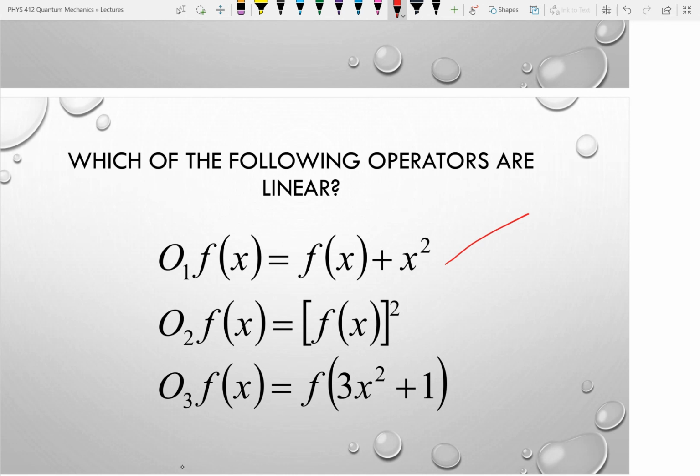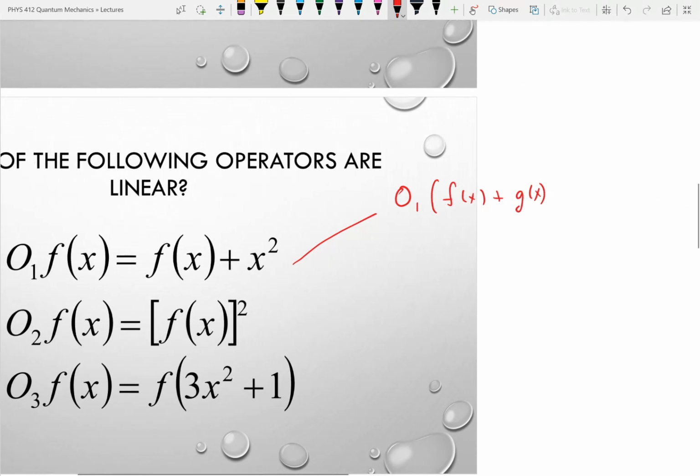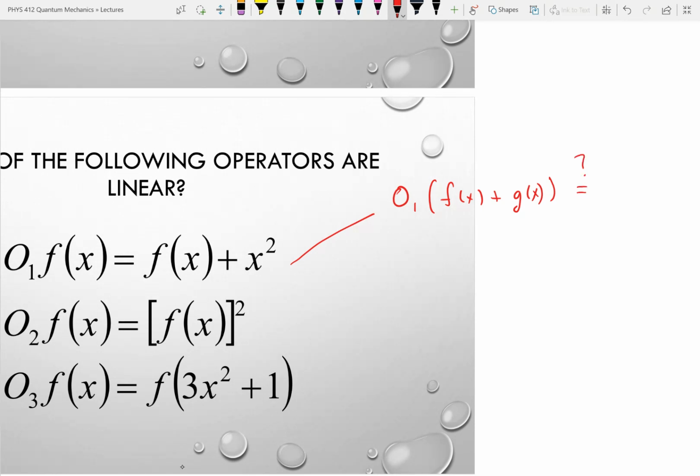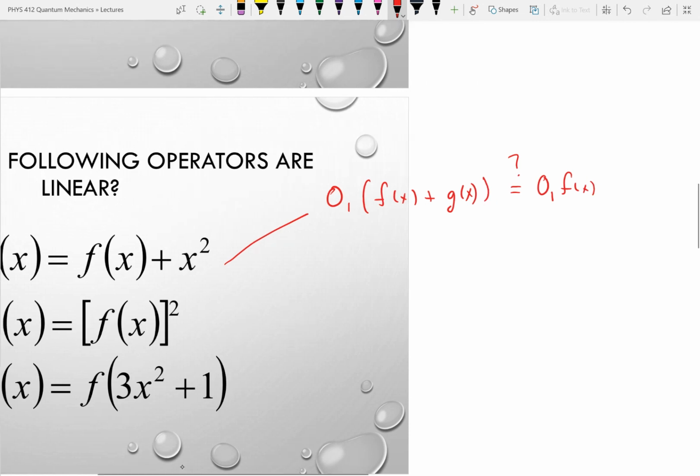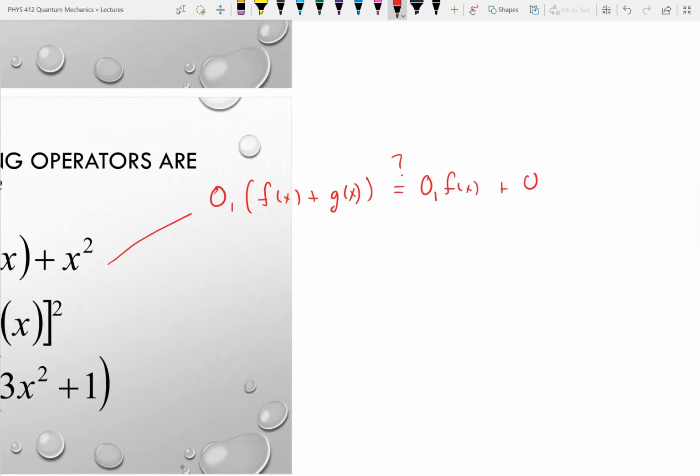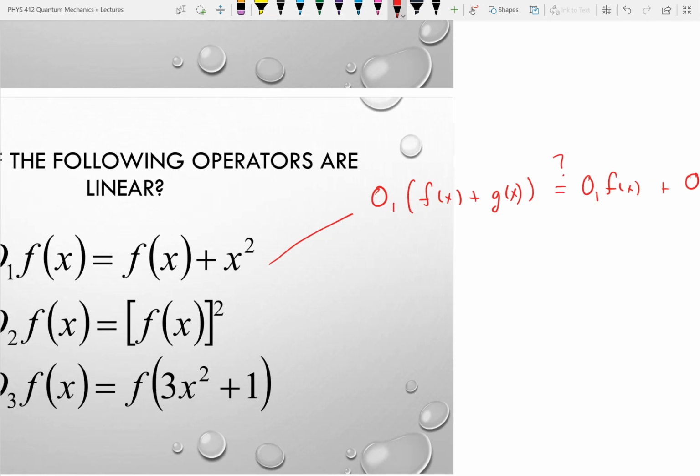The first test is, does operator 1 acting on f of x plus g of x equal operator 1 on f of x plus operator 1 on g of x. I don't have to know what f of x and g of x are to do the test. All I have to know is what the rule is and how the operator functions.